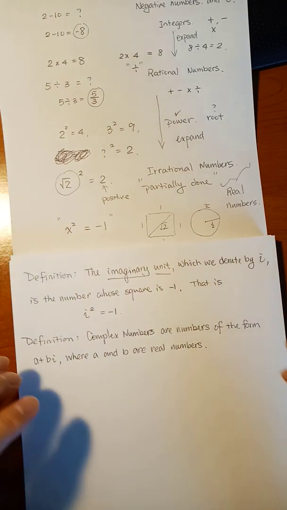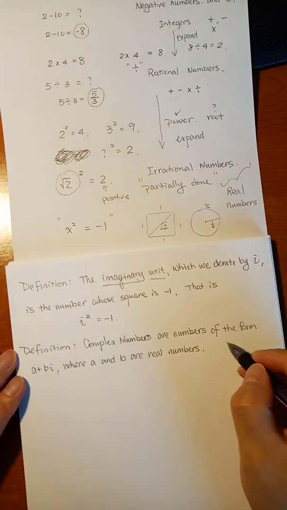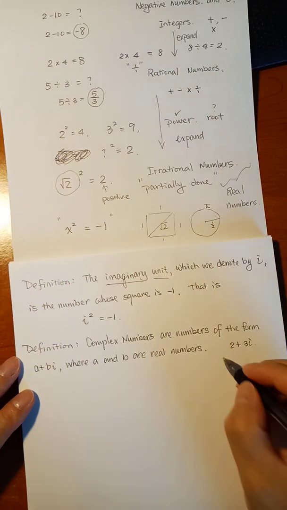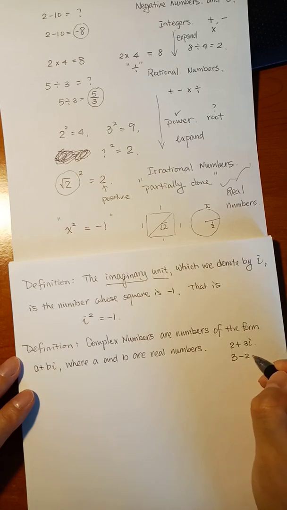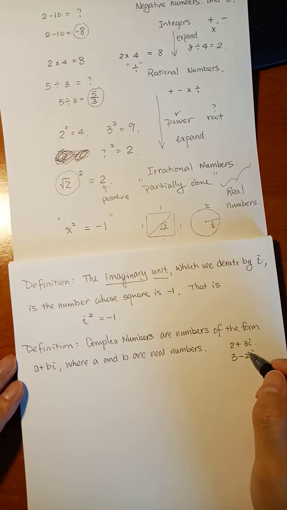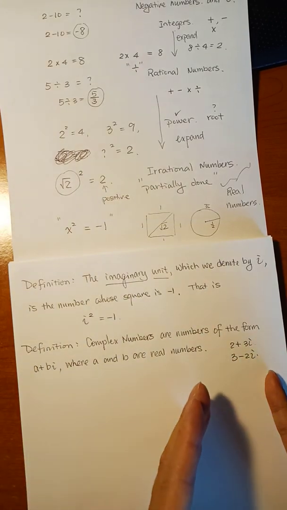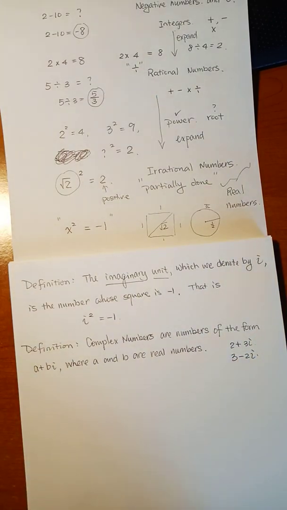Okay, so what is a complex number? 2 plus 3i. This is a complex number. Or 3 minus 2i. This is also a complex number. You have a real part, you have another real number times an imaginary unit. The sum or the difference is a complex number.